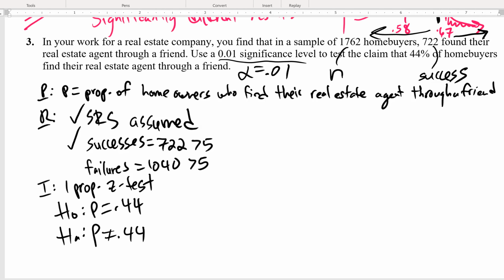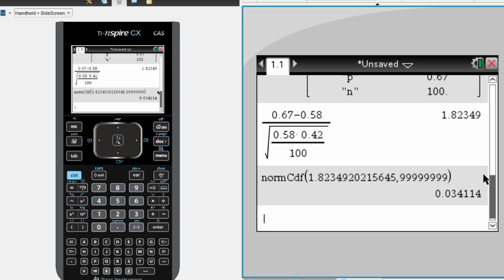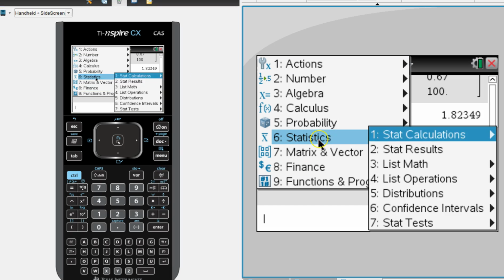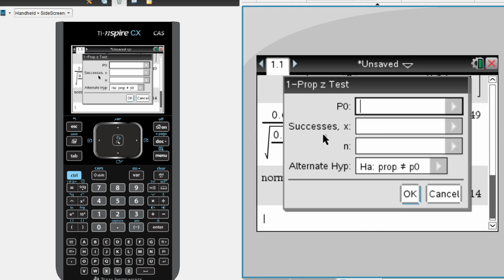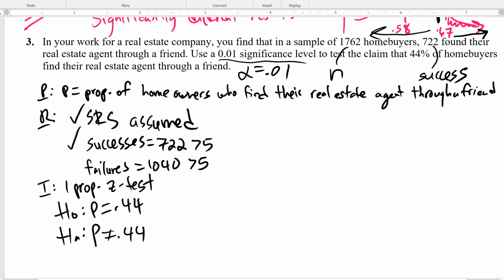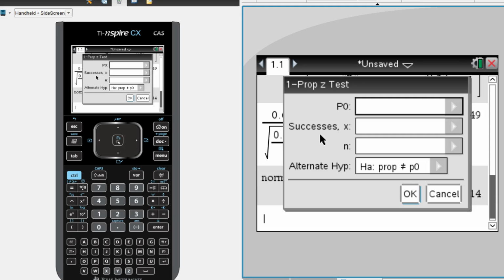So we're going to run this test. I think we're pretty much ready to do that. Let's go to the calculator. Tests, and a 1 prop Z test. Our claim, 44%.